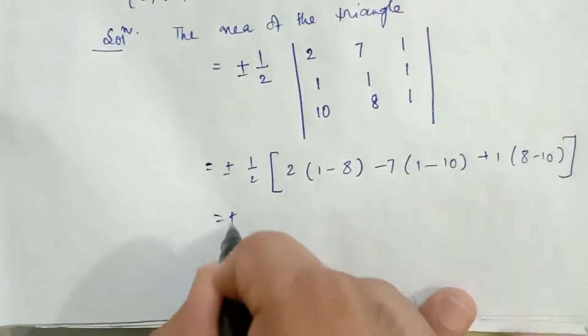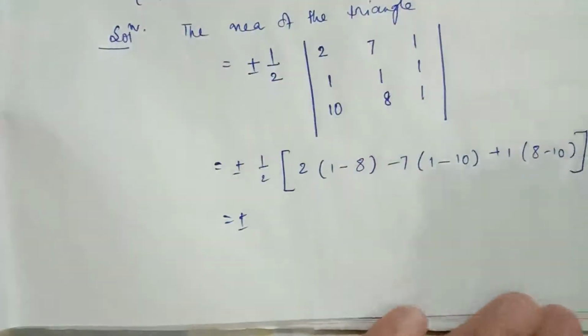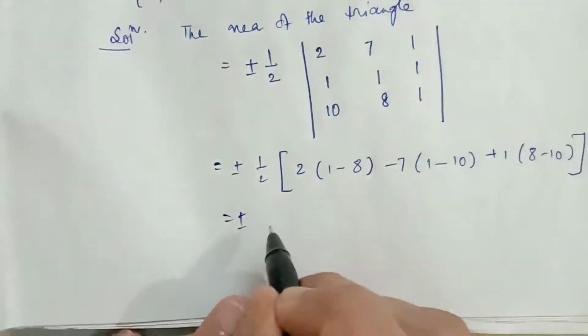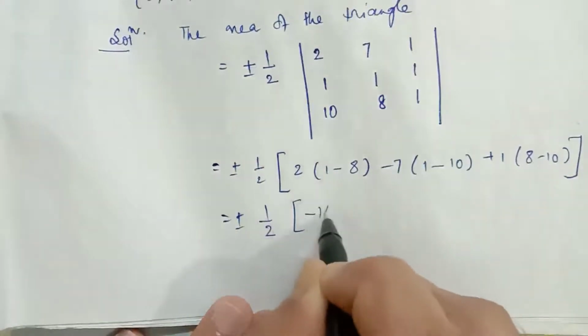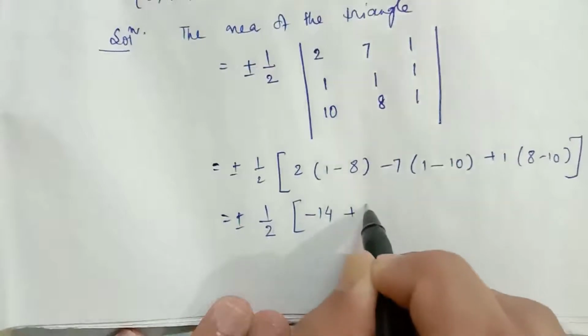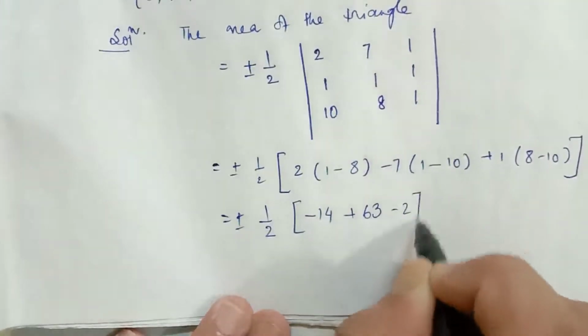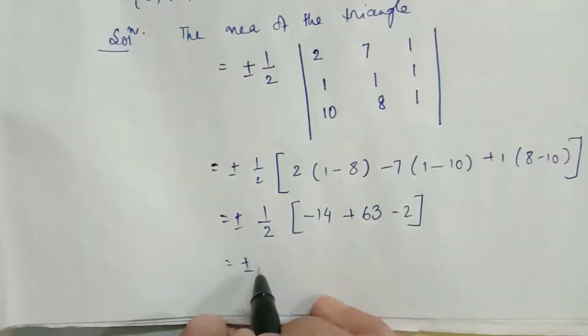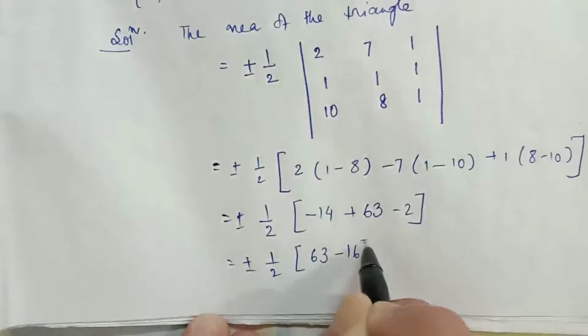So this will be plus minus half into minus 14 plus 63 minus 2. It will be 63 minus 16.